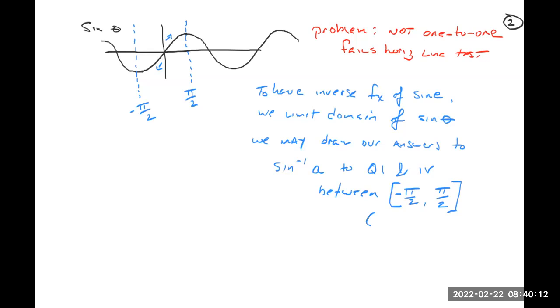And this, of course, is the range. The domain for arcsine or sine inverse is the range of sine, negative 1 to 1, also inclusive.